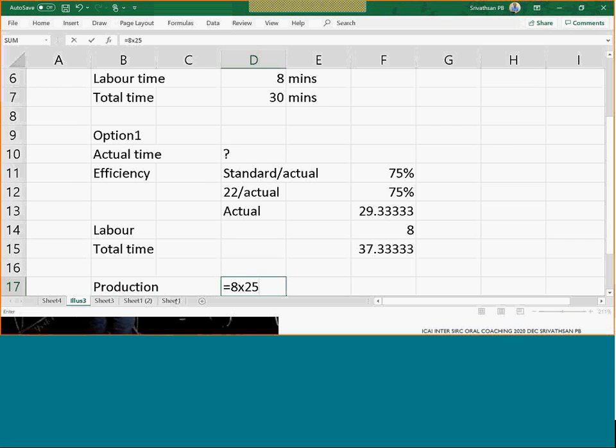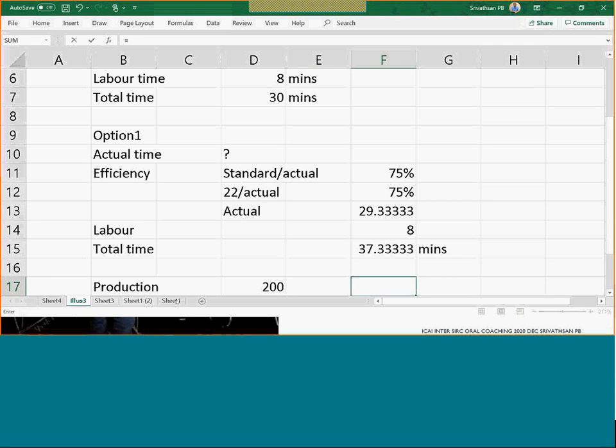8 hours into 20 days. 2 hours. So I have that in 2 hours or this into minutes.